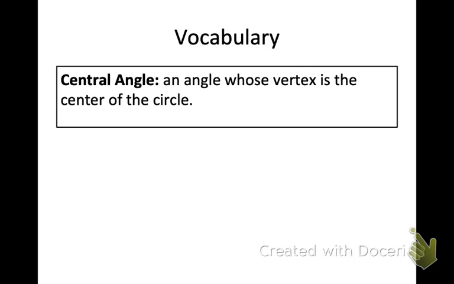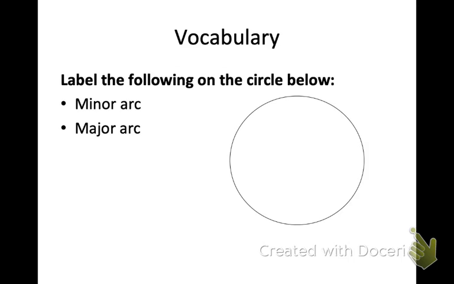So just think about an angle. We've been dealing with angles a lot in this course. Remember, your vertex is the corner where the actual degree is occurring. So if I can make an angle where the vertex is the center of the circle, we call that a central angle.